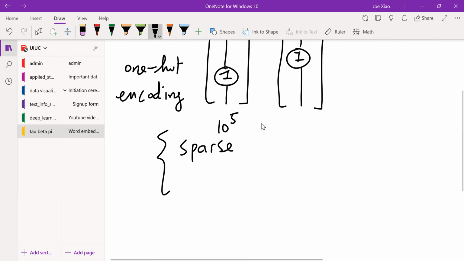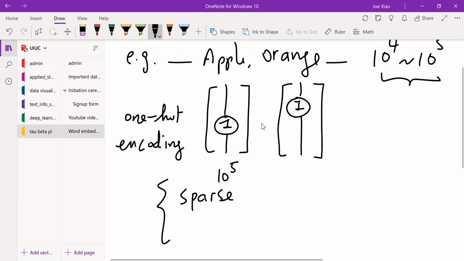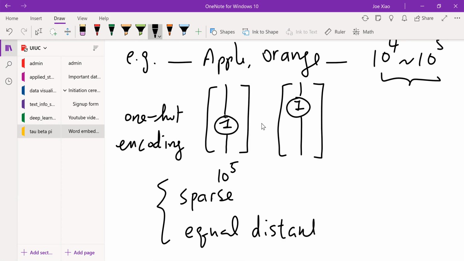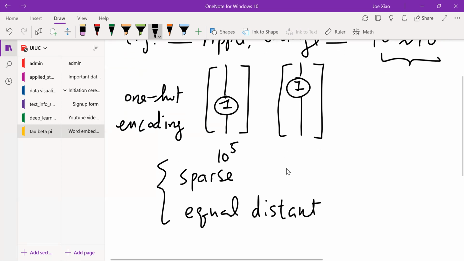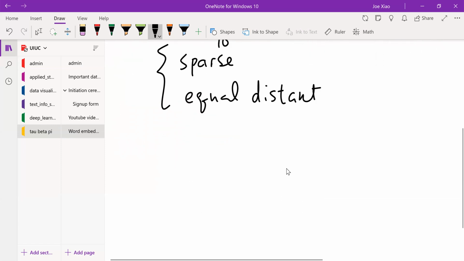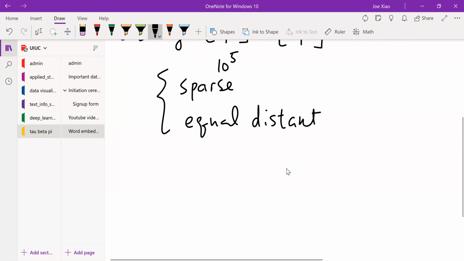And the other thing is that if we try to measure similarity between words, we're going to find that all words are equidistant because of this one-hot encoding scheme. Every pair of words is going to have the same distance. So that's really not very useful.